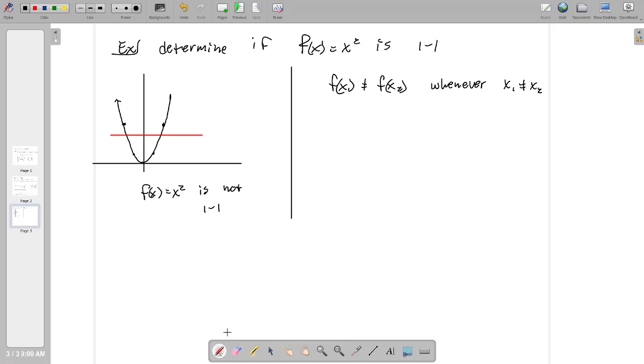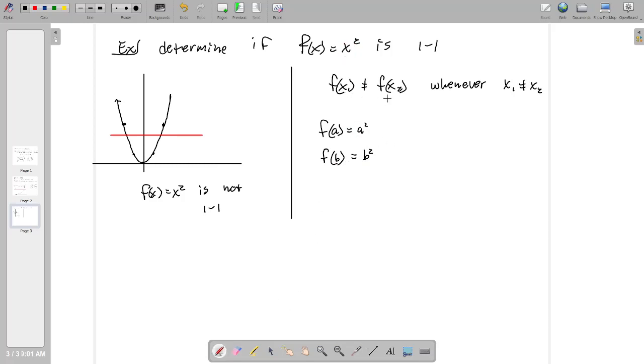So I'm going to use a and b instead of x1 and x2 just for a little bit of simplicity. So I'm going to find what f of a is, and f of a is a squared. f of b is b squared. So just by plugging in a, we get a squared, and plugging in b, we get b squared here.